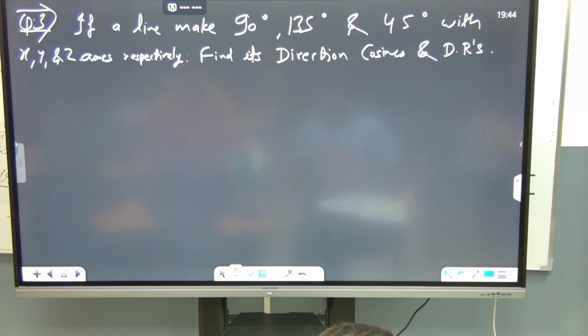So these are the values of the direction cosines. What about the direction ratio? We need to multiply by the magnitude. Where is the magnitude?